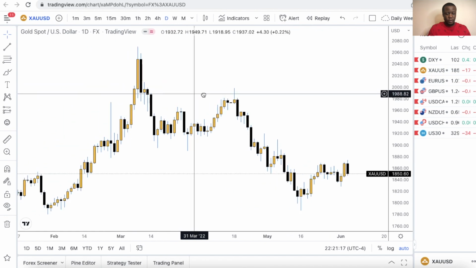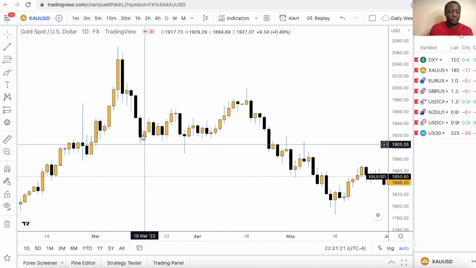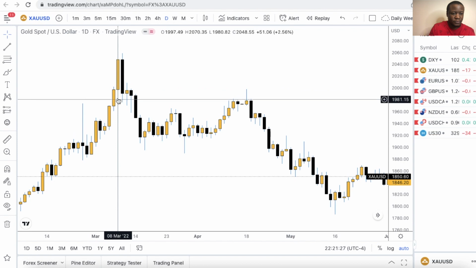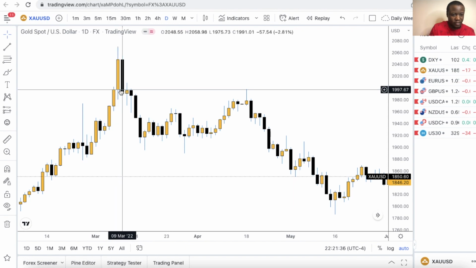All right, so let's get more into Japanese candlesticks. Right now, let's talk about this one right here. The very base of the candlestick, this is where it opened at, at this level right here.